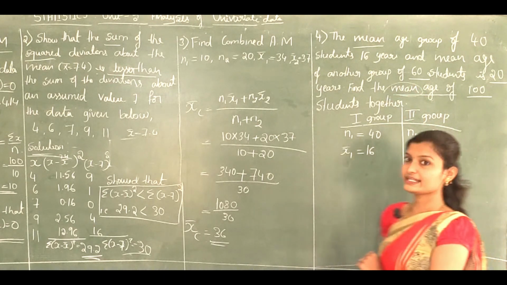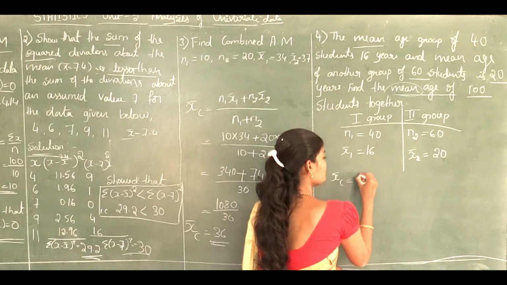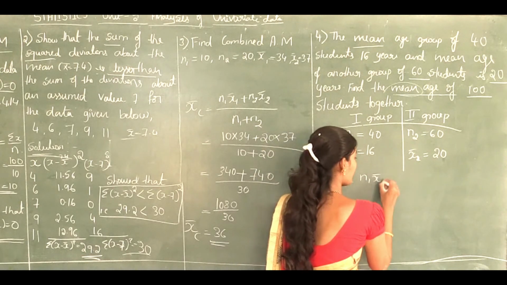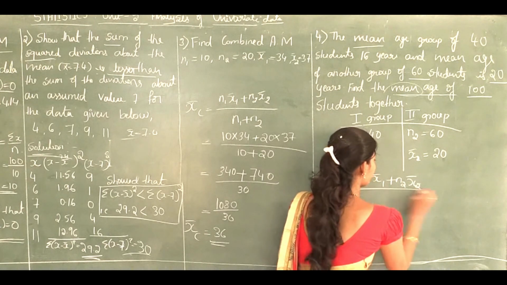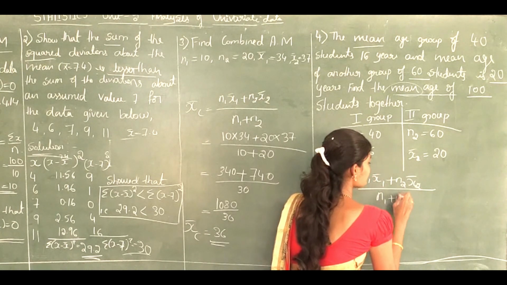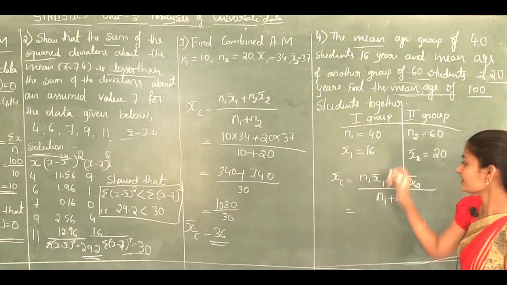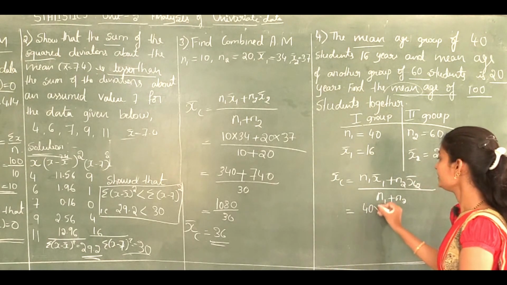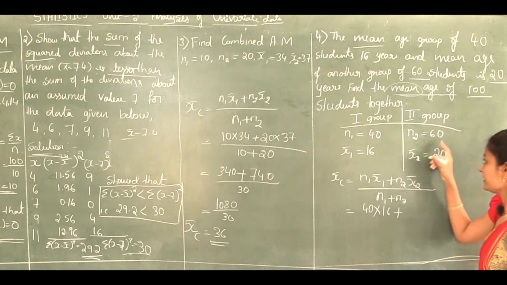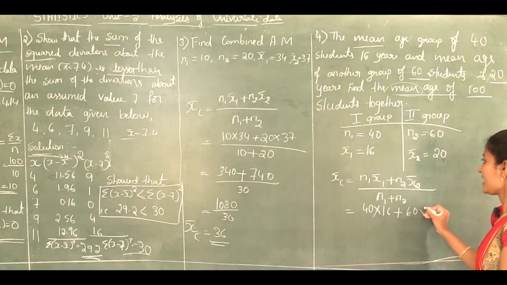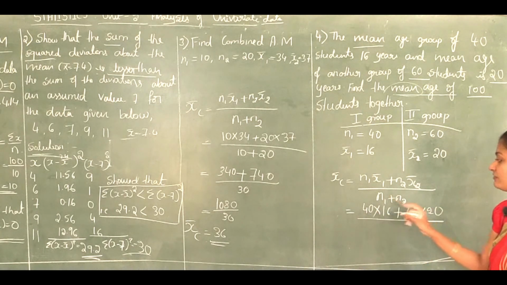So the combined arithmetic mean formula is x bar c is equal to n1 x bar 1 plus n2 x bar 2 divided by n1 plus n2. So this is equal to, see here, n1 is 40 into x bar 1 is 16 plus n2 is 60 and x bar 2 is 20 divided by n1 plus n2.